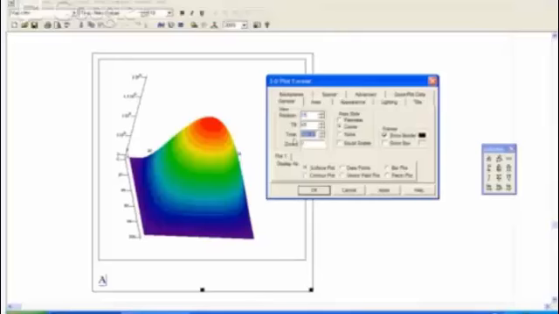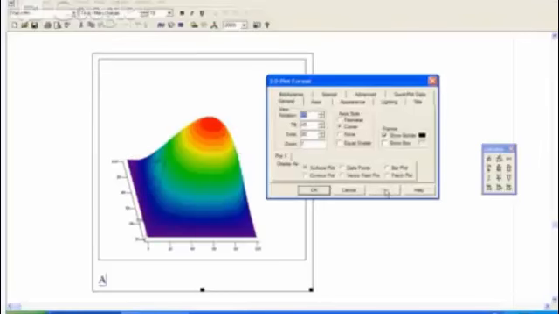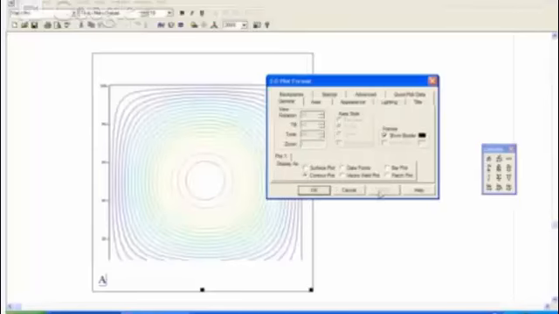Okay, and then you can change the twist angle. Let's say you want that to be 90 degrees. Let's see what that does. Yeah, you got it twisted. So this is looking at it from the back. All right. Instead of a surface plot, you can also draw just a contour plot, and this is what you'll see.